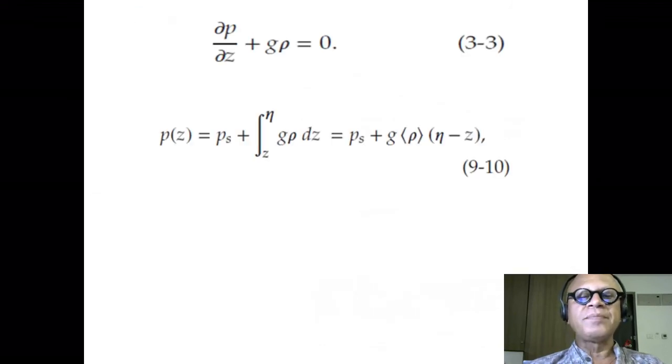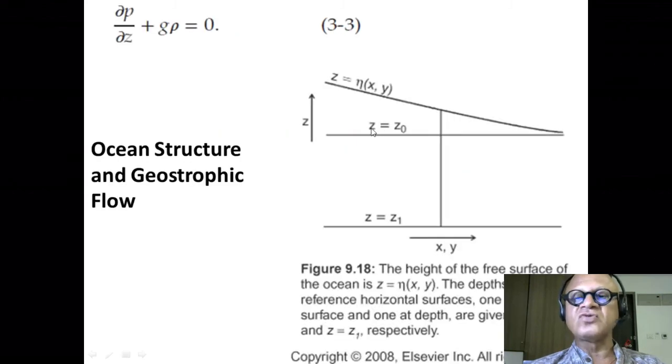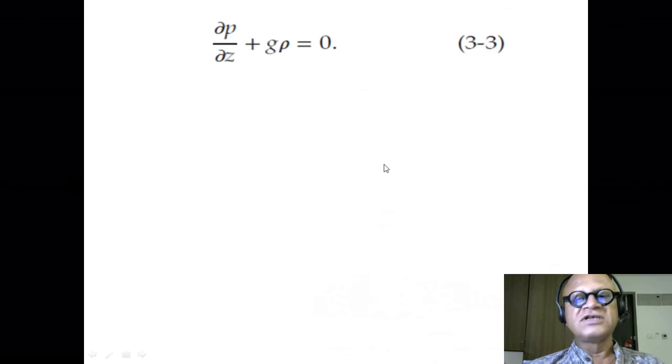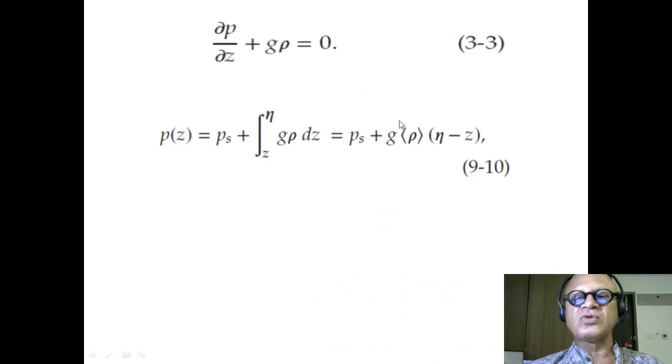We wrote p(z) as p_s plus the integral from z to eta of g rho dz, equals p_s plus g times the angular bracket rho times (eta minus z). What did we do? Obviously we have gone from z equals z0 to this level where variations of sigma cannot be ignored anymore. Here we ignored the variations of sigma near the surface, but we cannot do that anymore.